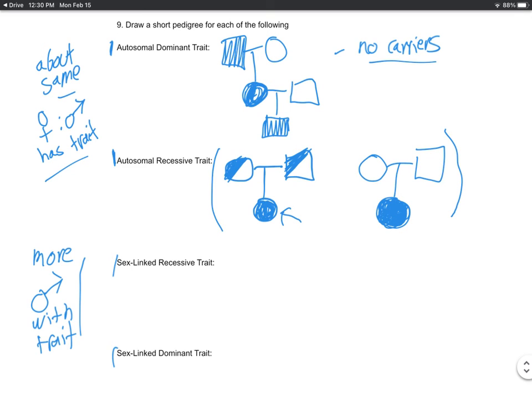She would have to get a copy of the gene from both parents, and the father's X chromosome would have that gene, therefore the father would have it. So this particular pattern right here, with a mother and father who don't have the trait and a daughter that does, really only leaves one option, and that is an autosomal recessive trait.